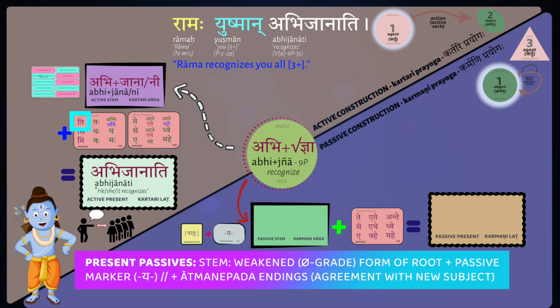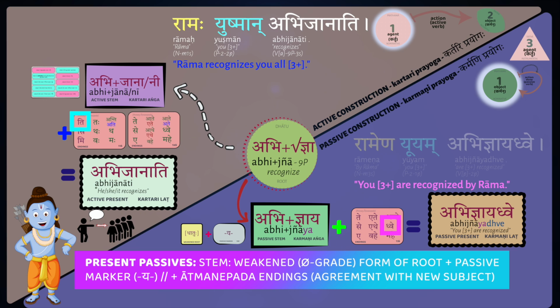How about the sentence Ramaha yushman abhijanati? Rama recognizes you all, 3 or more. The passive version of the sentence is you all, 3 or more, are being recognized by Rama. The verb recognize is the prefix abhi plus the root jna. Jna is going to be a 9th class root, but we actually don't care what gana it is part of when we're forming the passive stem.